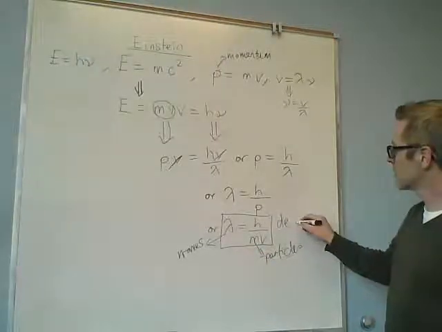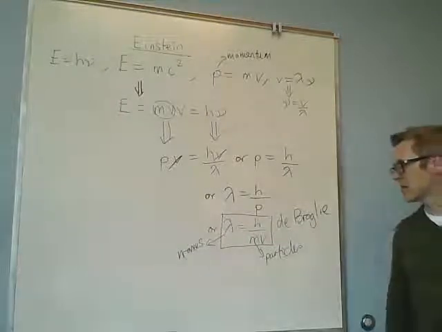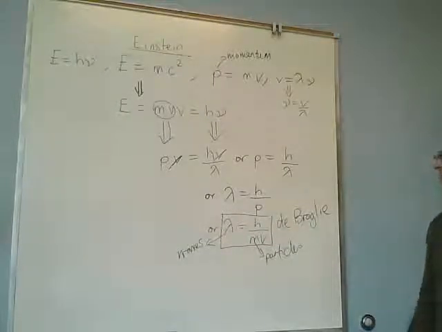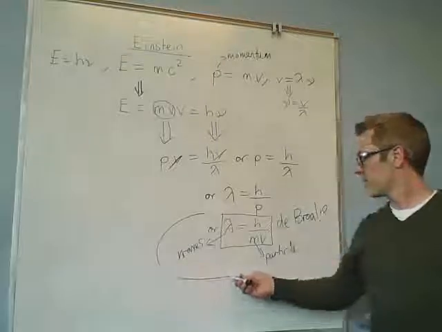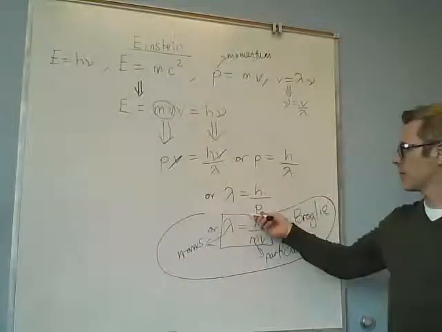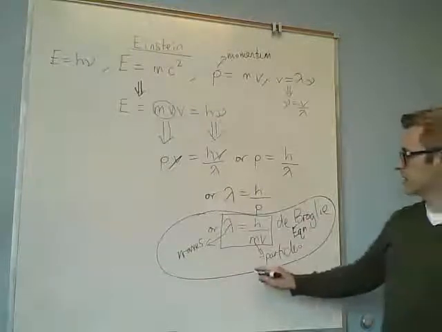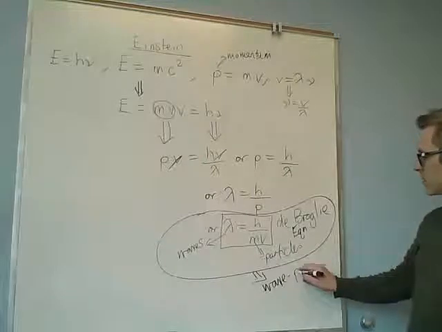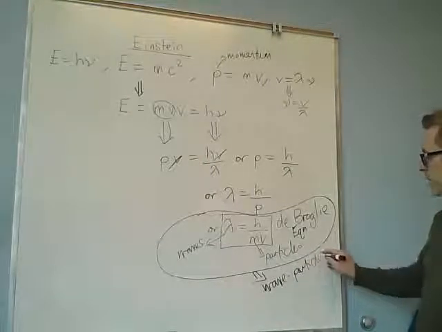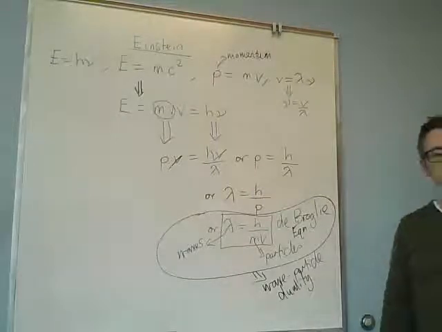This is known as the de Broglie equation. We have one equation with both variables in. And this is what led to something called wave-particle duality. What does wave-particle duality mean?